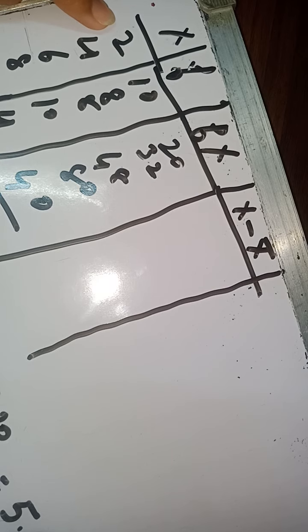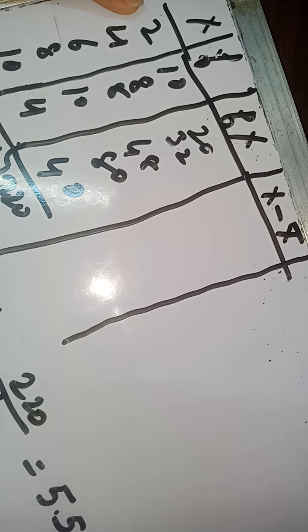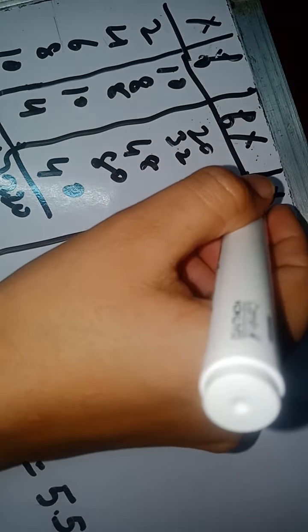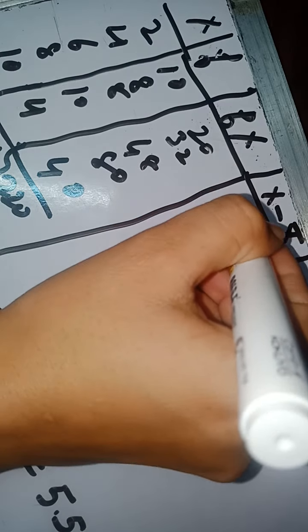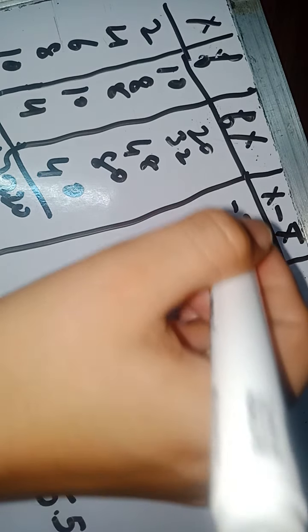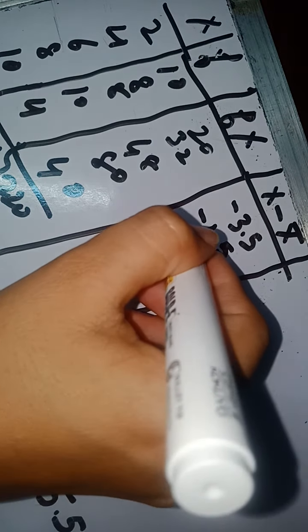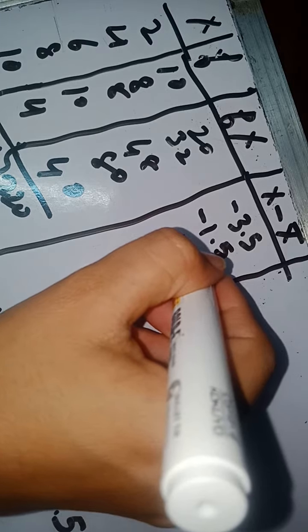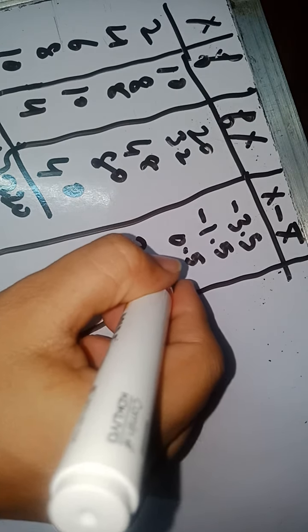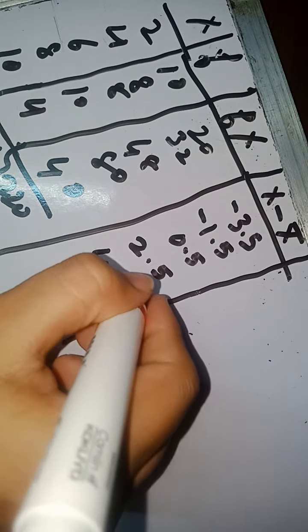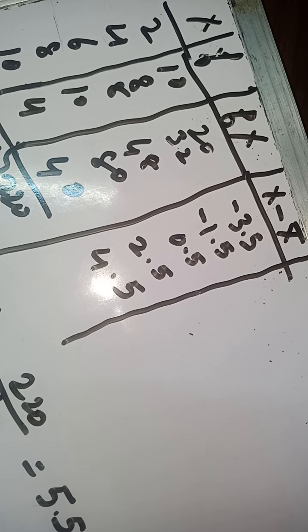So next we find x minus x mean. Here 2 minus the mean 5.5, so we subtract, we get minus 3.5. Next is 4 minus 5.5, that means minus 1.5. Next is 0.5. Next is 2.5. Next is 4.5.